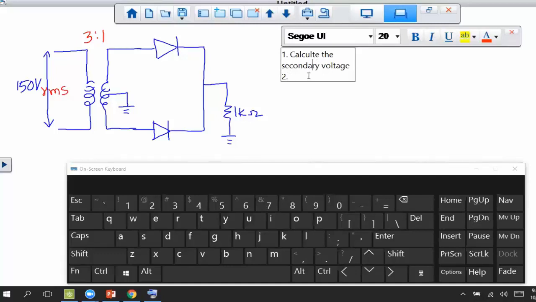I need to calculate to see. So what did you do? I did 150 times 1.414. Yeah, 212.1, that sounds about right. Okay, that's peak, right? That's just peak, and that's what we are looking for too. 212.1, divide that by 3.